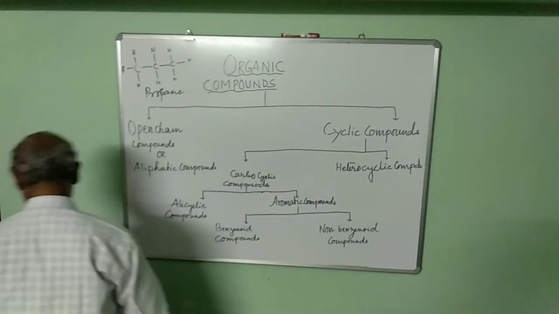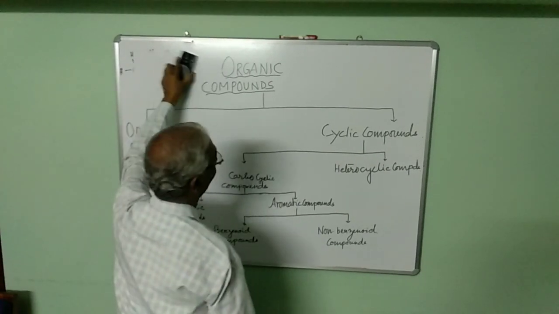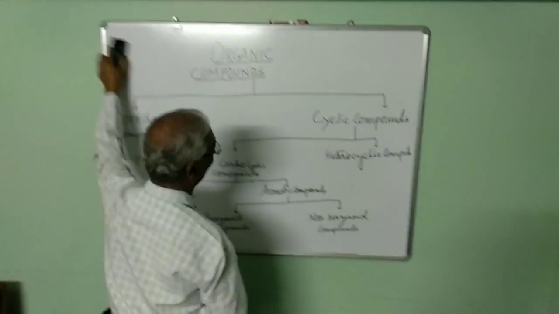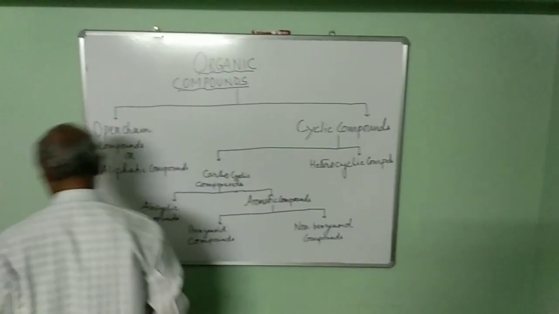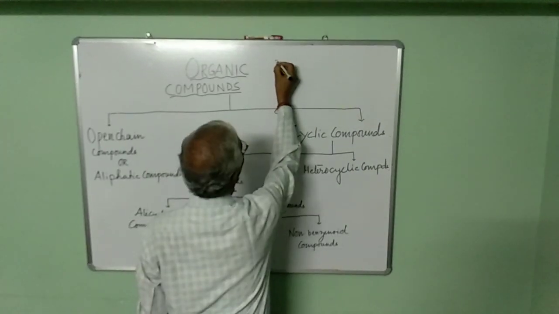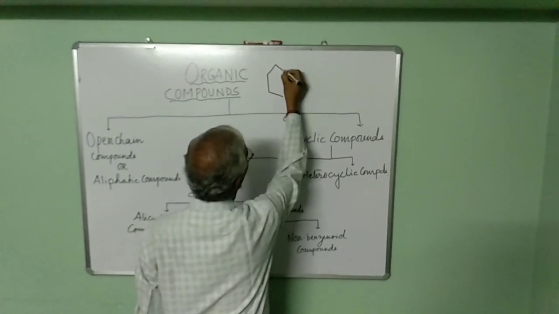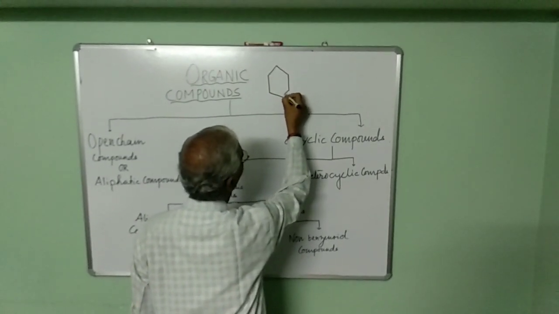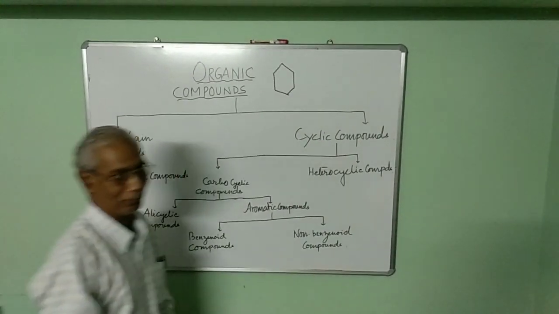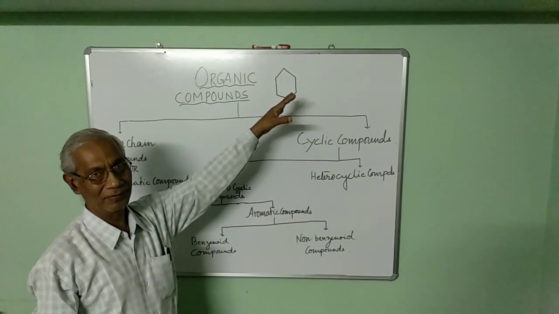Now I am going to the next class of compounds, that is cyclic compounds. In this case, I am giving one example. It is the example of cyclic compounds. That means heads are closed.